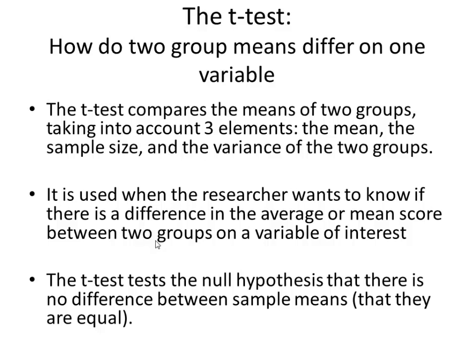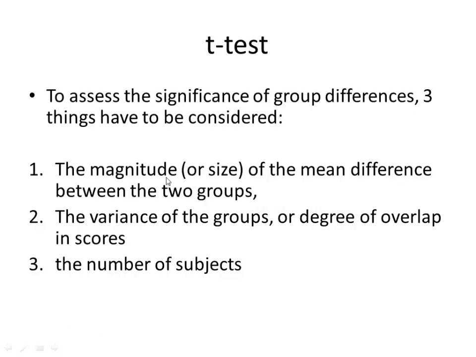We use this test when we want to know if there's a difference in the average or mean score between two groups, and the t-test tests the null hypothesis that there is no difference between the sample means, or that the sample means are equal. So as we've talked about, you begin your calculation of a parametric test with the statement of the null hypothesis. So we'll look at that in a minute.